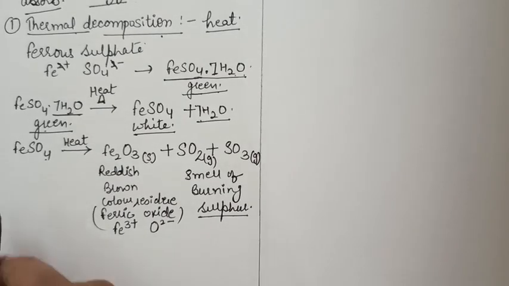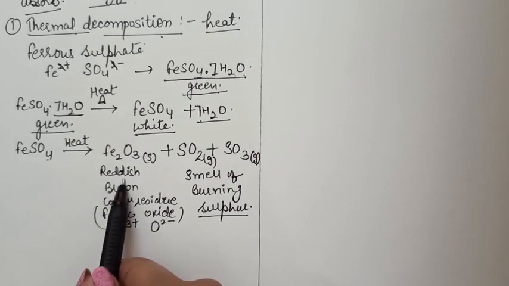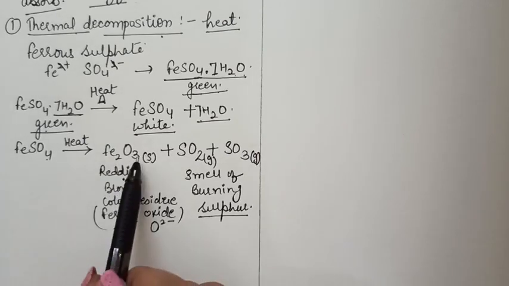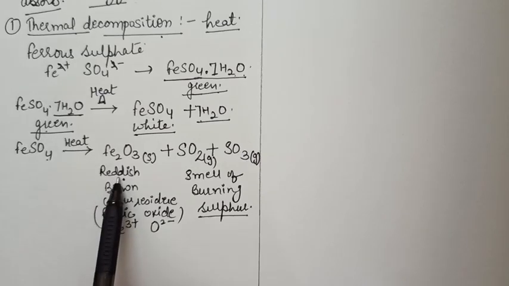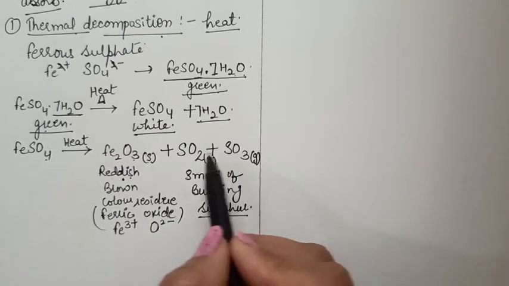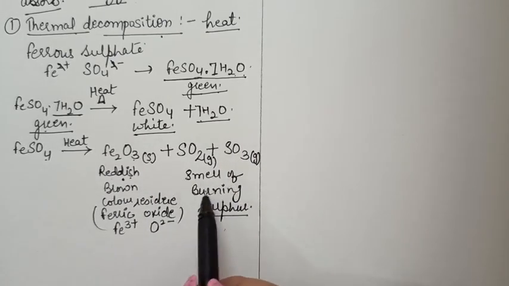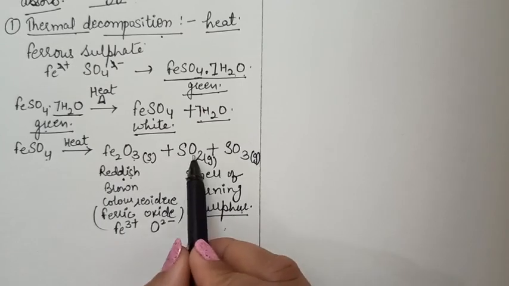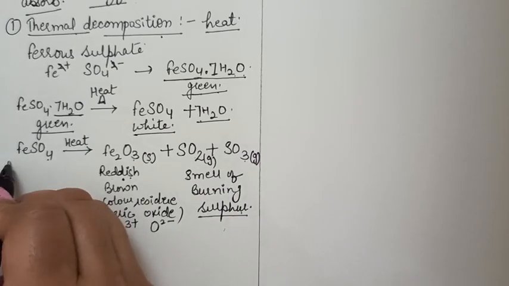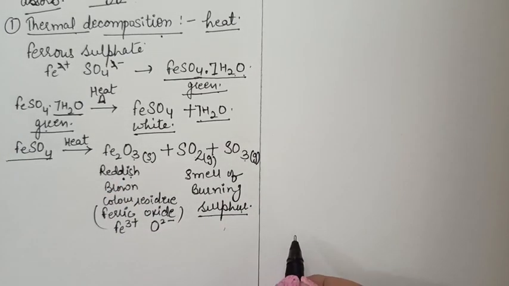So this is the reaction of heating green colored crystals of FeSO4. After heating, they will produce reddish brown color residue of ferric oxide, and the smell of burning sulfur, that is SO2 and SO3, indicates that we are heating a sulfate salt.